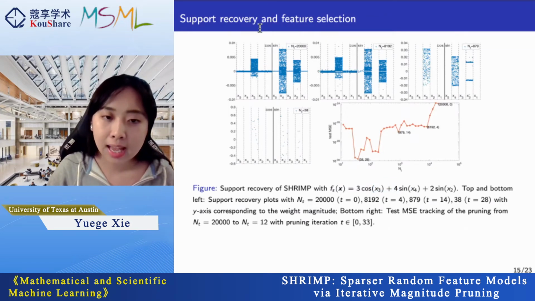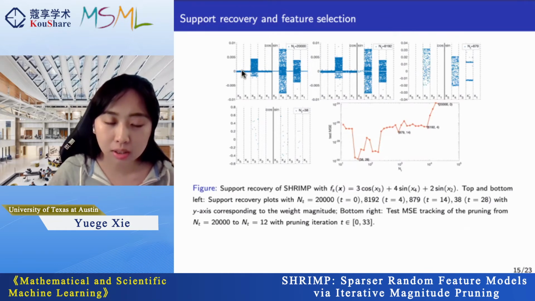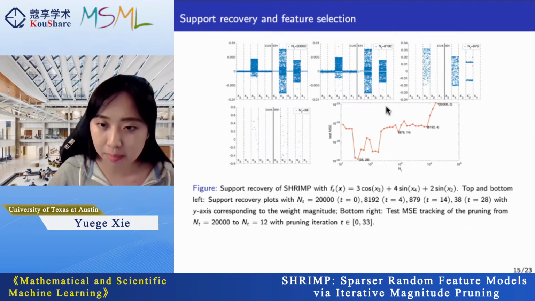And we can see at the very first, the number of features is 20K, and there are some weights distributed on the unrelated coordinates we don't want. And after the pruning, the weights on those coordinates will disappear.